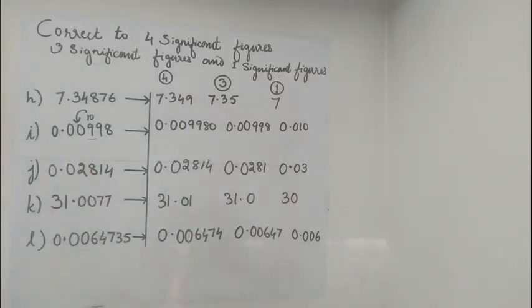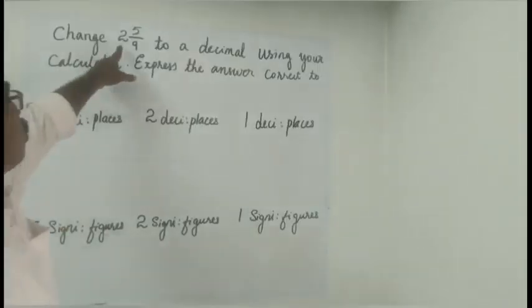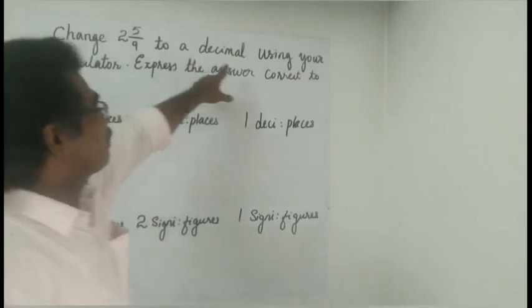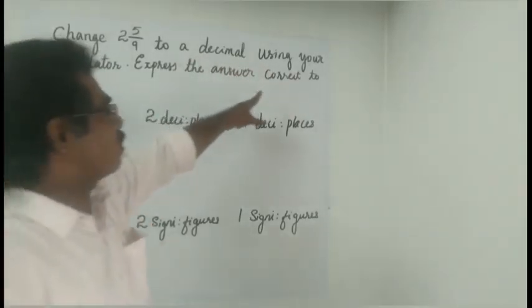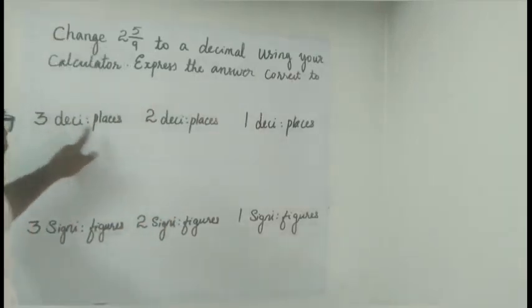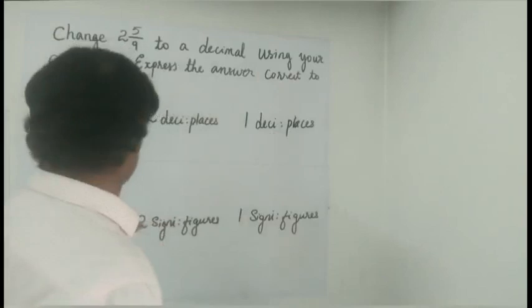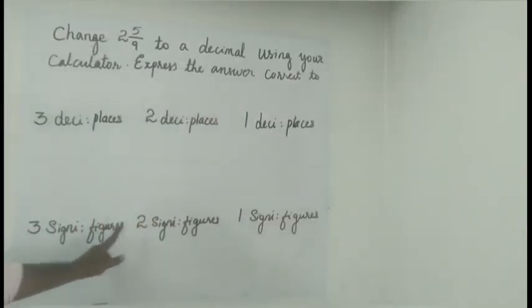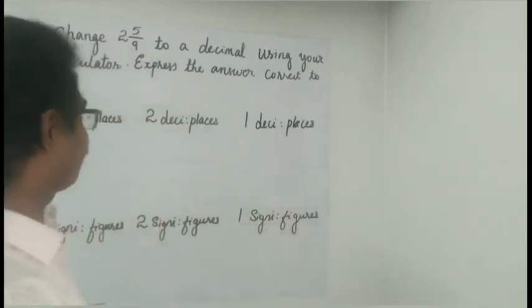Okay. Next question. See this question. Change 2 5 by 9 to a decimal using your calculator. Express the answer correct to 3 decimal places, 2 decimal places, 1 decimal place, 3 significant figures, 2 significant figures, 1 significant figure. Okay.